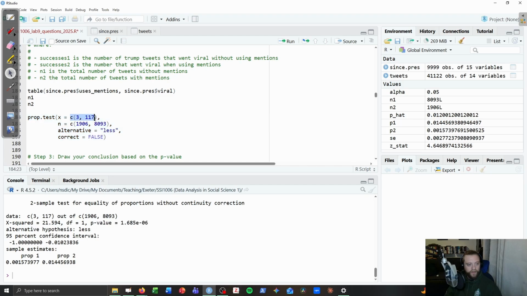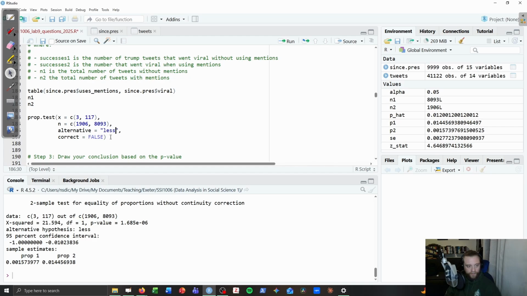So whenever you see this c and then these ordered lists, remember that the order of the list matters too. So in theory, we want greater, but we have to remember that we're saying, is this proportion, 3 out of 1906, greater than 117 out of 8093?